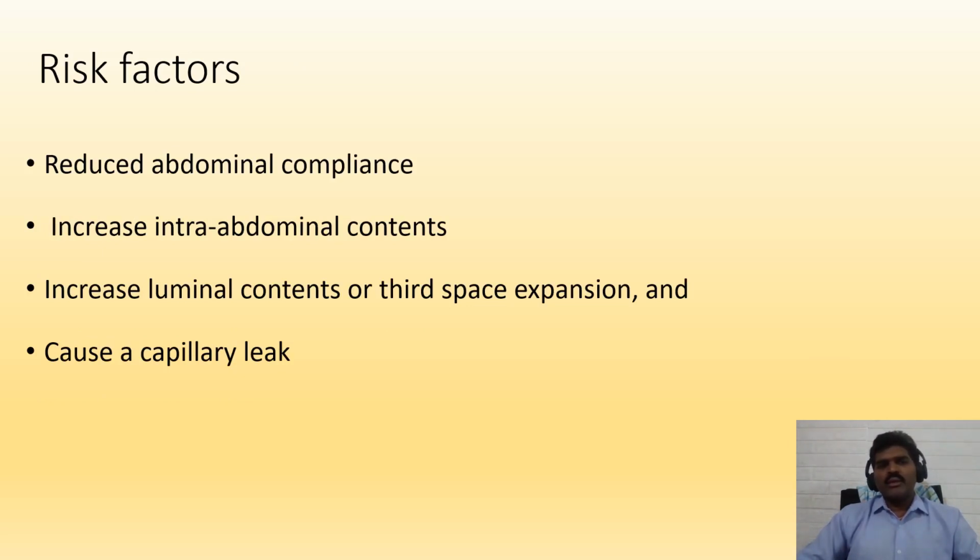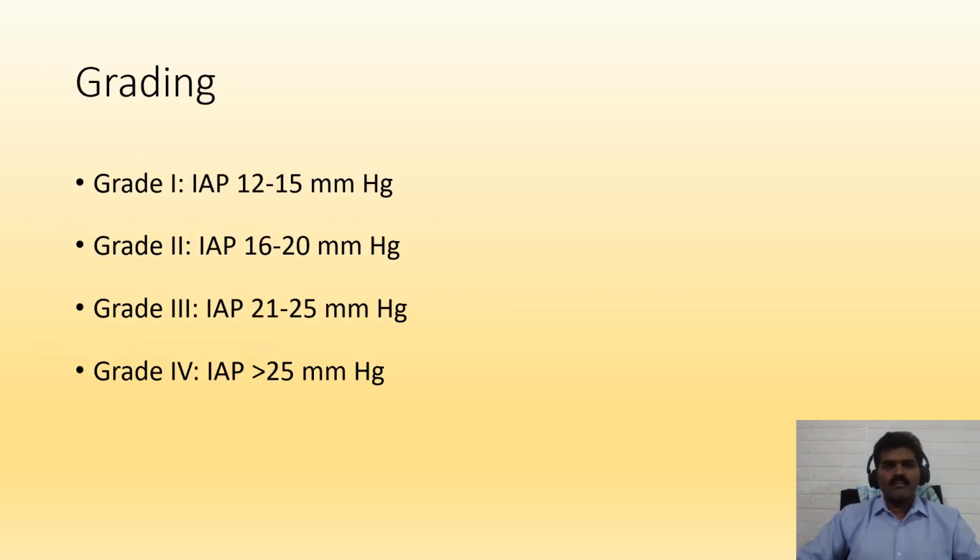Risk factors to keep in mind include reduced abdominal compliance, increase in the intra-abdominal contents like in hemorrhage or intestinal obstruction, increase in luminal contents or third space expansion within the abdomen, and also increased capillary leak.